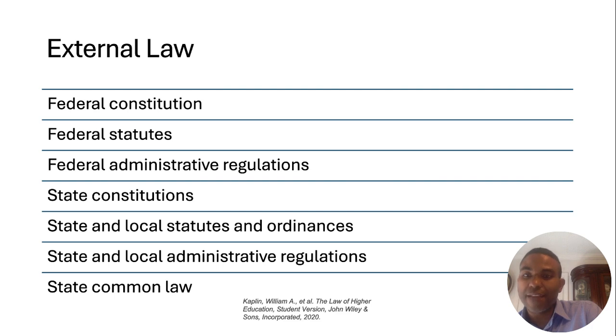The states have their own constitutions, and their legislatures have various statutes, and at the local level they might have ordinances. And those come from the legislative groups in those areas. And then the agencies that exist at the state and local level can produce their own administrative regulations. There's also state common law that, again, is not necessarily codified in ordinances or regulations, but it does exist.